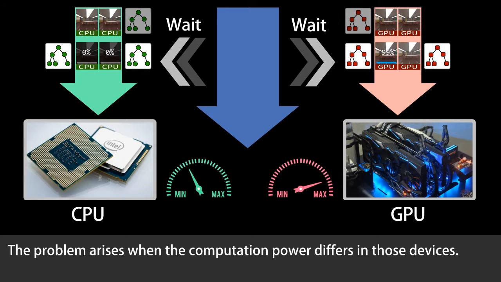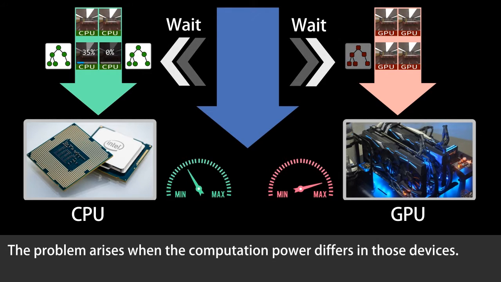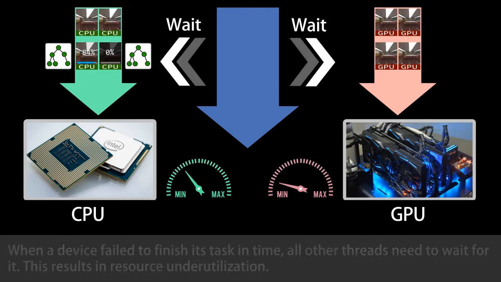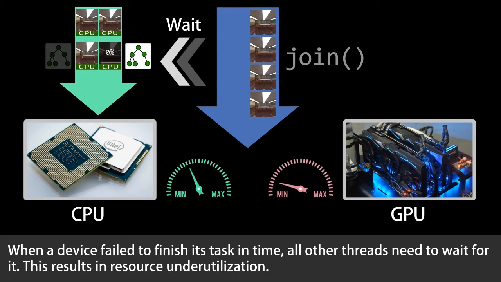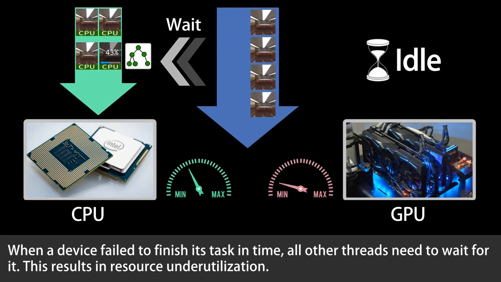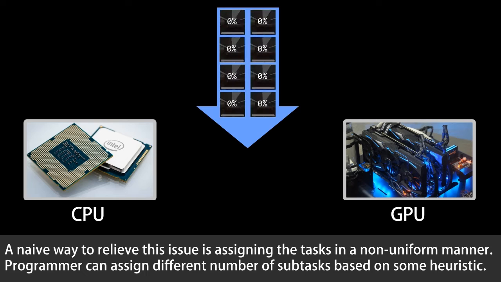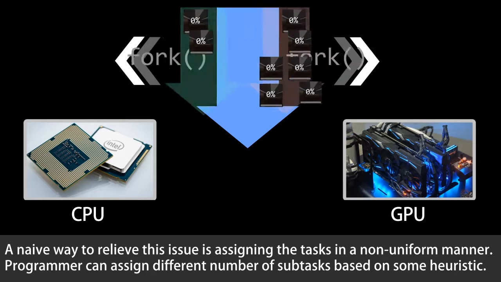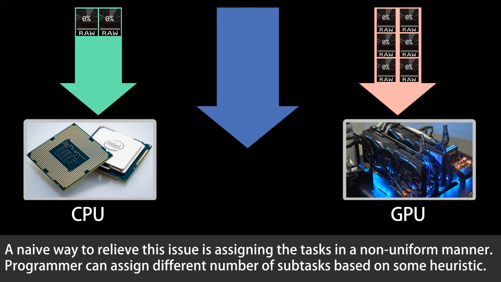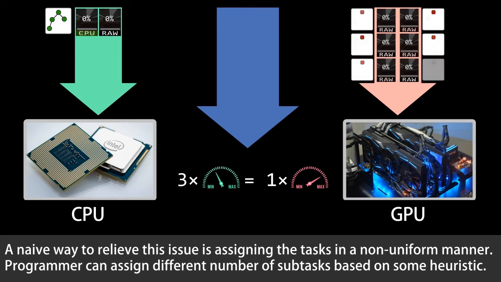The problem arises when the computation power differs in those devices. When a device fails to finish its task in time, all other threads need to wait for it. This results in resource underutilization. A naive way to relieve this issue is assigning the tasks in a non-uniform manner. The programmer can assign a different number of subtasks based on some heuristic.